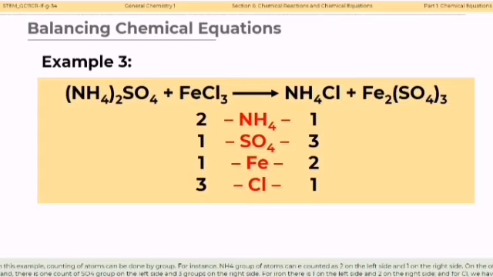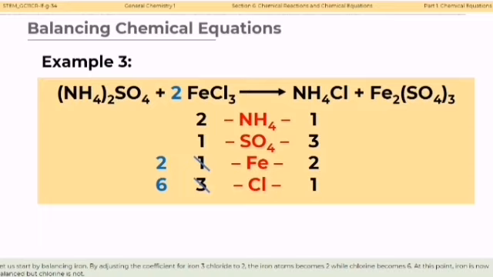On the other hand, there is 1 count of SO4 group on the left side and 3 groups on the right side. For iron, there is 1 on the left side and 2 on the right side. And for chlorine, we have 3 on the left side and 1 on the right side.